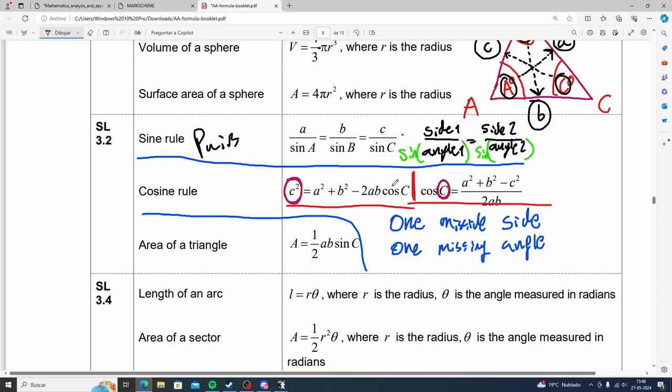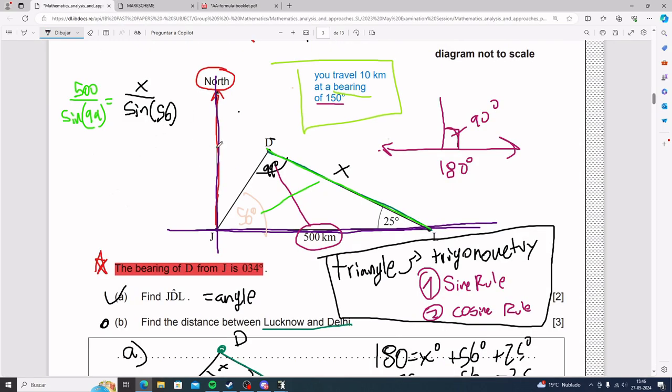that is alone. So if you're trying to find one missing side and you have its angle, you can use this one. Or if you're trying to find one missing angle and you have all the sides, you can use this one. So that's just a quick hint on how all of this works.